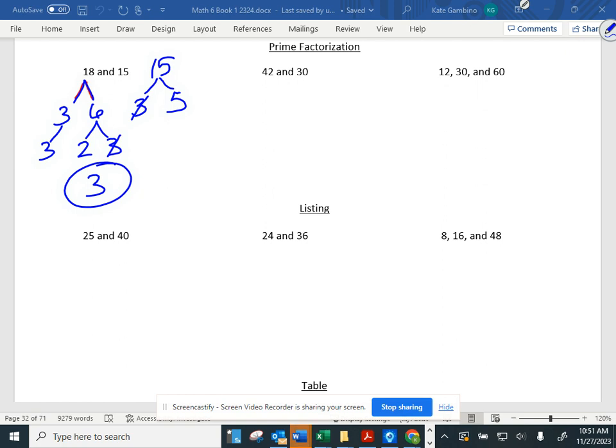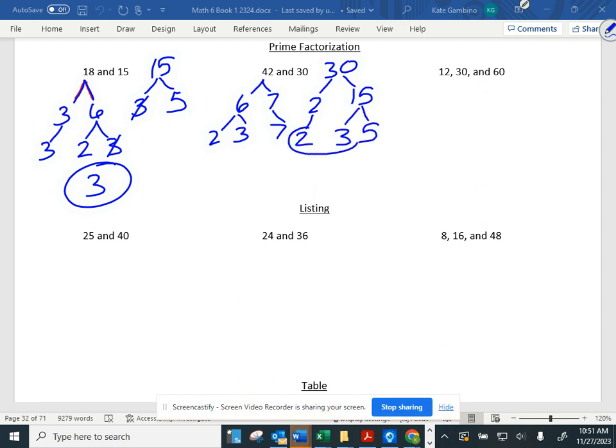If we looked at 42 and 30, we're going to break down 42, 6 and 7. 6 can be 2 and 3, and that 7 stays a 7. For the 30, we have 2 and 15, 3 and 5. Here they share a 2 and 3 and a 2 and 3, so we multiply those together, and we get 6 as our greatest common factor.